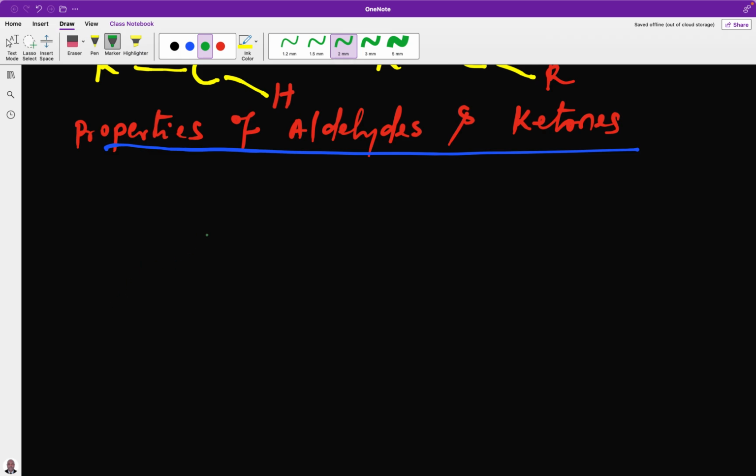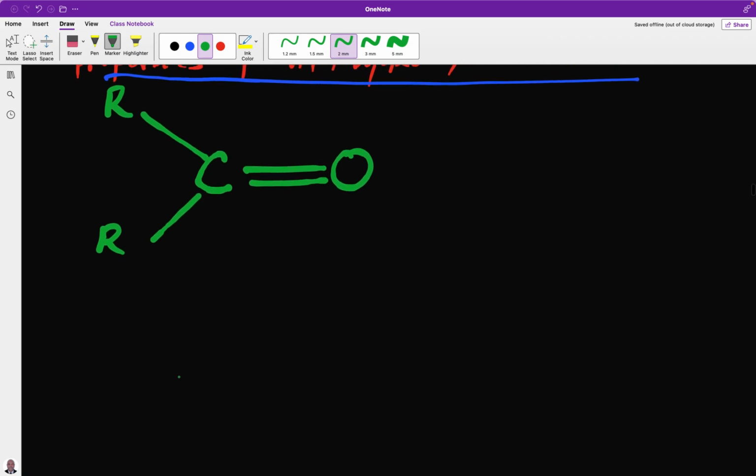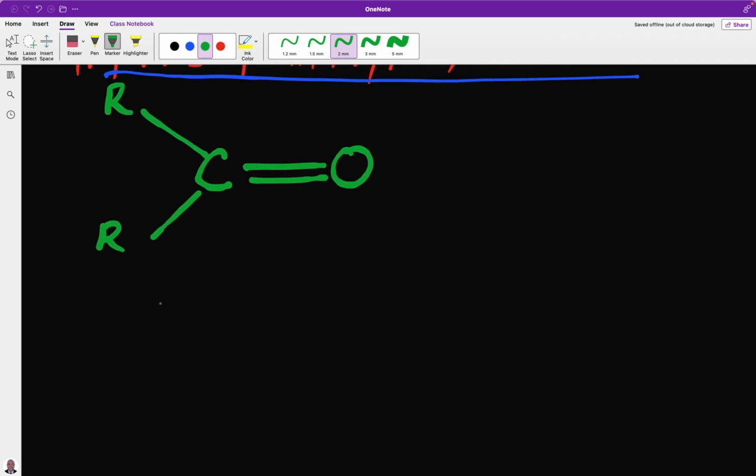We have carbon here. There's another carbon here.